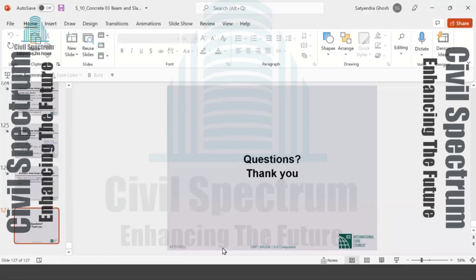Okay, just going through the questions. Near the support of columns, sometimes the stirrups are bigger with respect to longitudinal rebar of beams due to placement of column rebars.